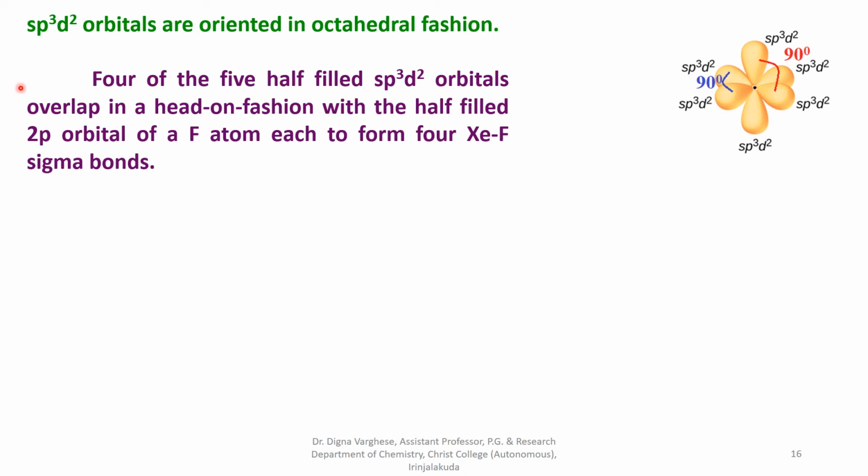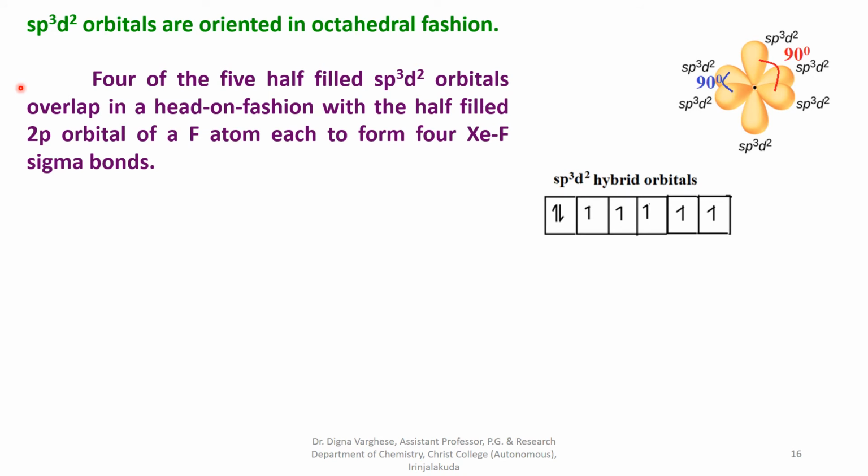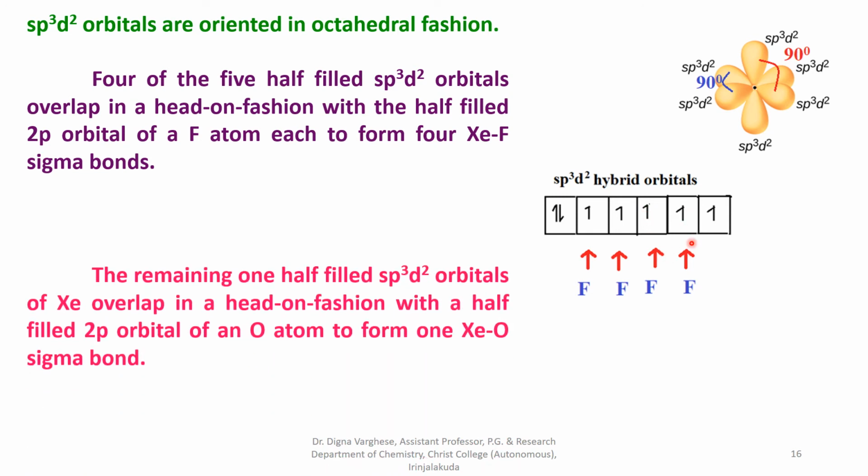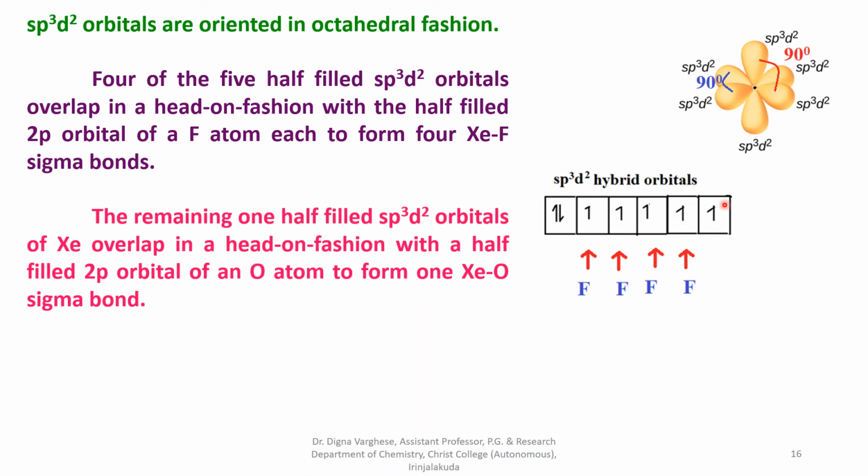4 of the 5 half-filled sp3d2 orbitals overlap in a head-on fashion with the 2p orbital of a fluorine atom each to form 4 XeF sigma bonds, and the remaining one of the sp3d2 hybrid orbitals of xenon overlaps in a head-on fashion with a half-filled orbital of oxygen atom to form one XeO sigma bond.